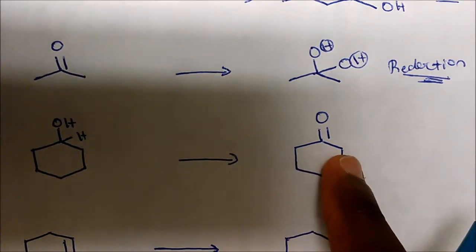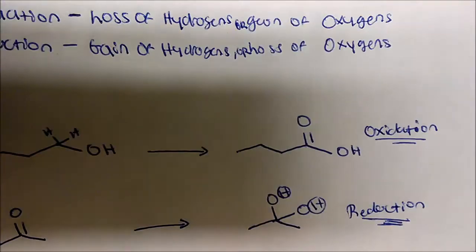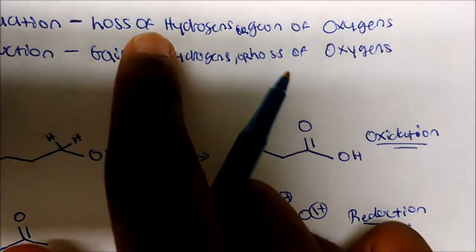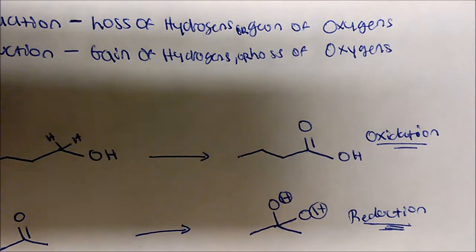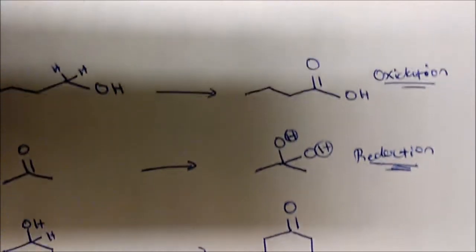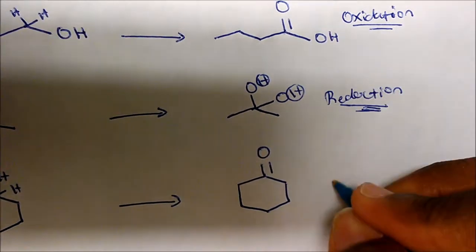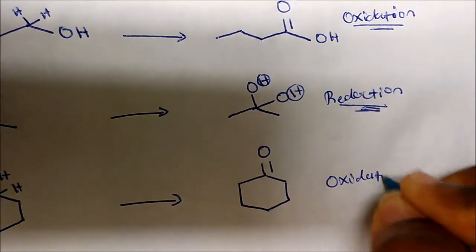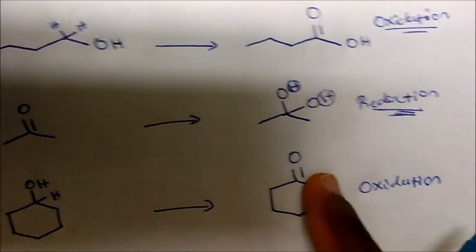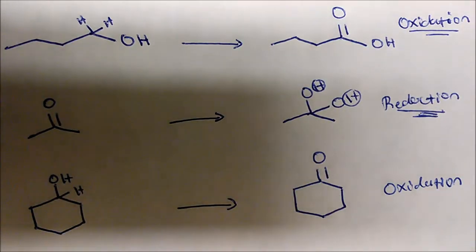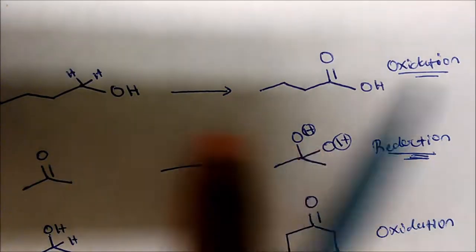Going from here to here, we lost those two hydrogens, and the loss of hydrogens is looked upon as oxidation. So this is actually oxidation. Again, look at my thought process. They both have an oxygen in common, so I'm not going to look at the gain or loss of oxygen. I'm going to pay attention to my hydrogens. And it's the same thing that happens here.